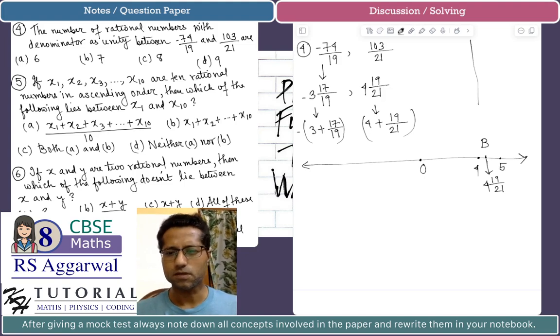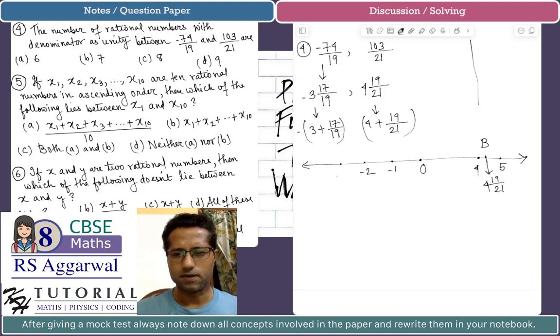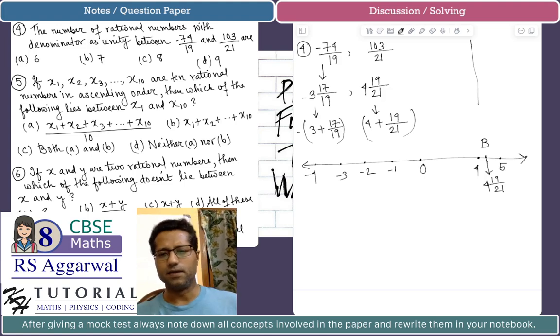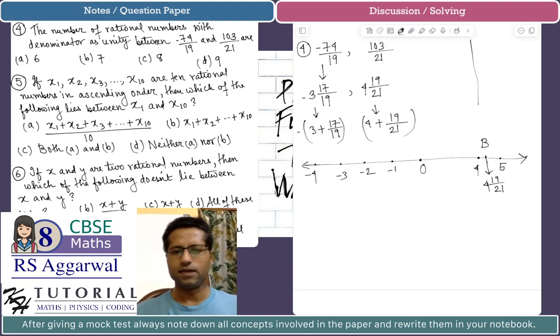And what about the negative of 3 plus 17/19? We have the negative numbers like -1, -2, -3, and -4. Ignoring the sign, 3 plus 17/19 is a number greater than 3 and less than 4. So its negative will be somewhere here.